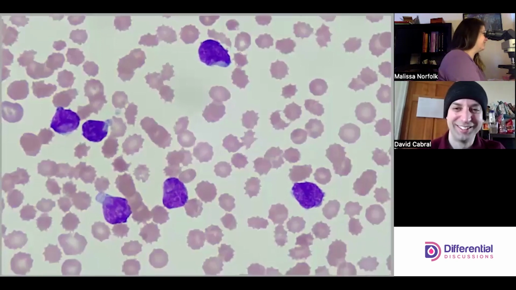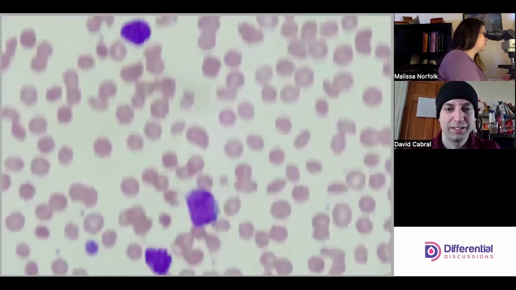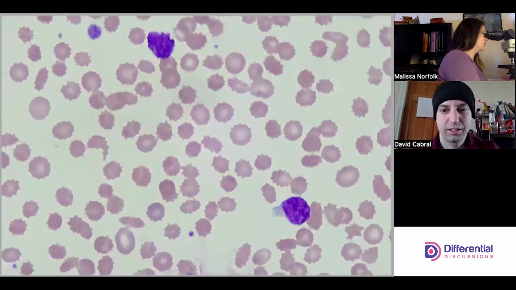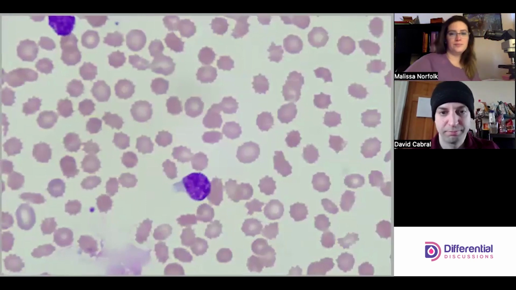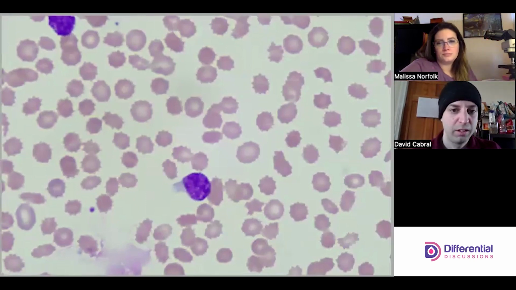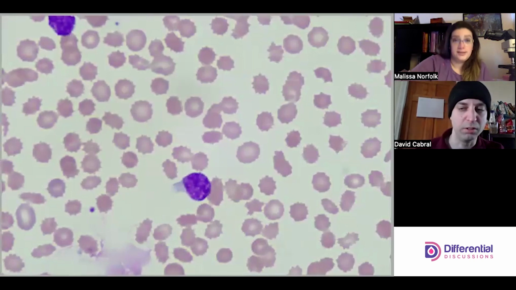Yeah, really cool. All right. Let's find one more field where we've got something exciting. Oh, this is a really nice hand mirror to end with, I think. Beautiful. And some heterochromatin in there too, right?